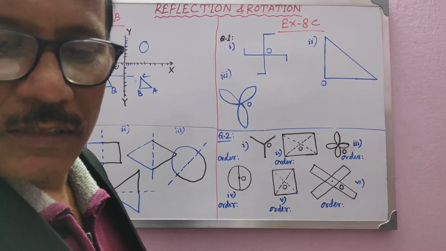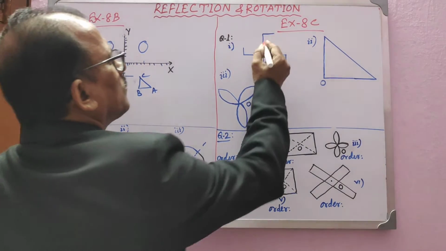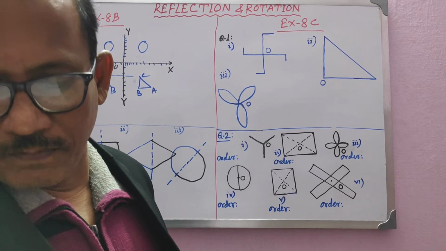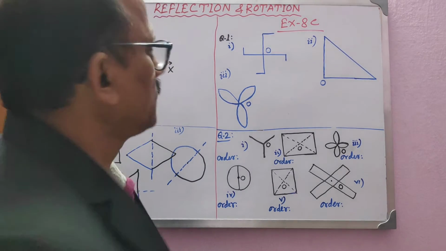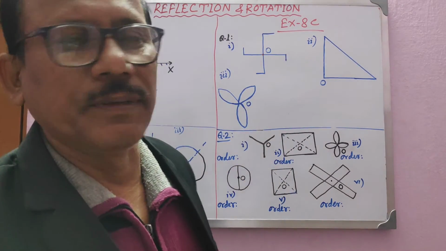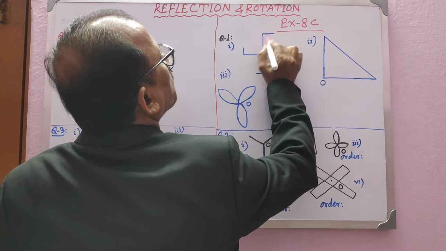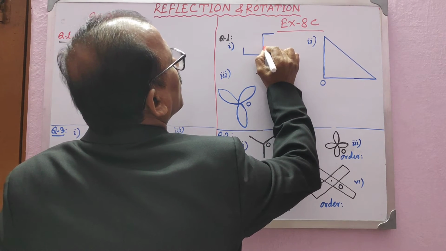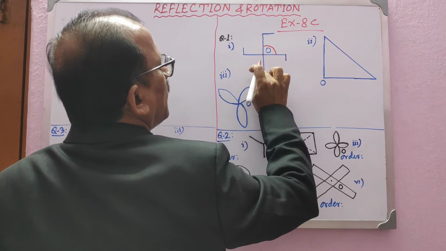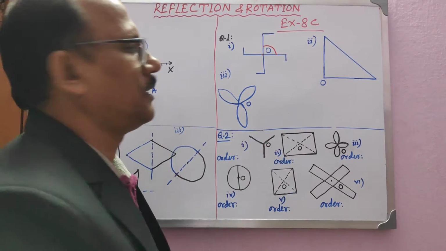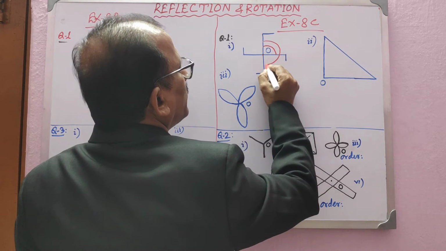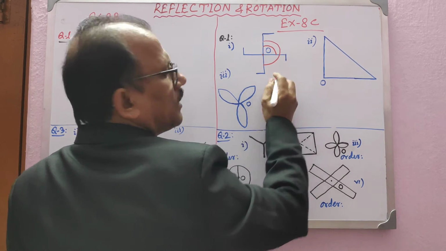I will tell you, this is very simple. See this one: which has rotational symmetry about point O? This is point O. Can you rotate and find the symmetrical position? Yes, if this part rotates 90 degrees, this comes to this position, this goes to this position, and this will go to that position. So it will be symmetrical. Now if you rotate this 180 degrees, this one comes here, it will be symmetrical.